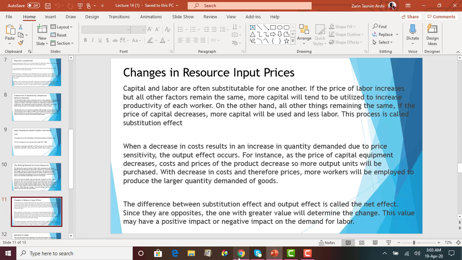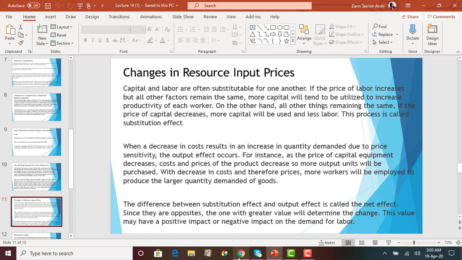Basically, the substitution effect is when the price of labor increases, so we use more capital, or the price of capital decreases, all other factors remaining the same, we will use more capital than labor. So that's the substitution effect, because we are substituting capital for labor.